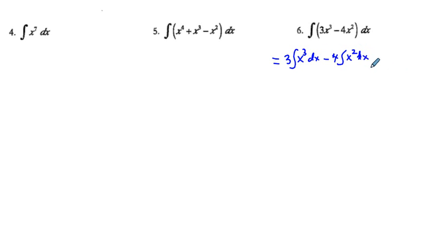Okay, and then just integrating here, we have 3 and x cubed is going to be raised 1 power to 4, and then we divide by the power we raised to, which is 3, and then minus 4 times x to the 3rd power divided by 3, which is the power we raised to, plus our constant of integration c.